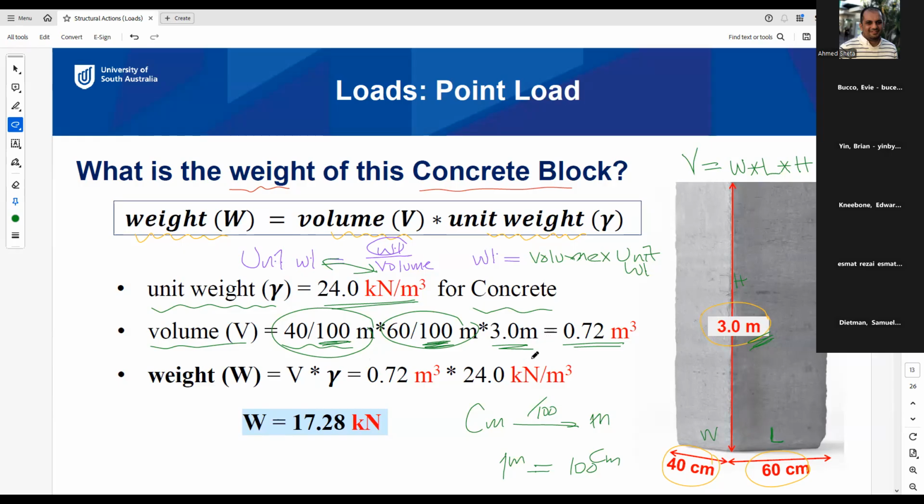Okay, so now we know the unit weight of the material and the volume. So the weight of this block, V times gamma, equals 0.72 cubic meter times 24 kilonewton per cubic meter. Is that correct? Can we multiply cubic meter by kilonewton over cubic meter? Do you have any idea about that?